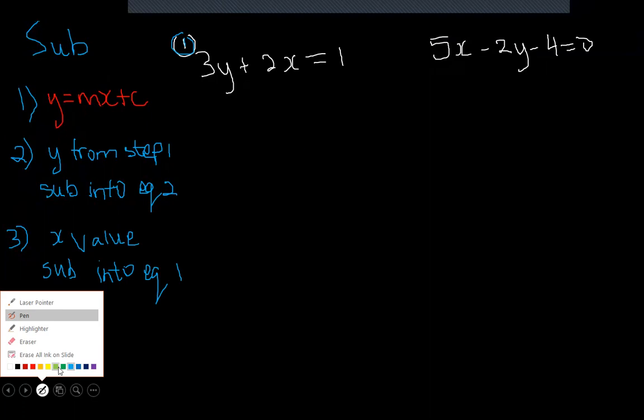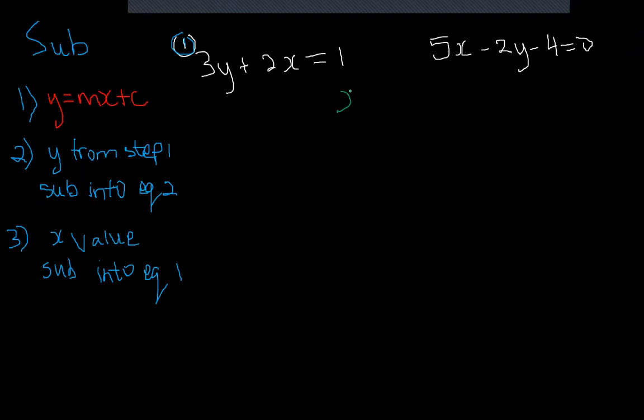Remember, we just found out that x is equal to 14 on 19. So we're looking at this first equation now. Wherever I see x in this equation, so I see x right here, I would replace it with this value. So I'd replace it with 14 on 19.